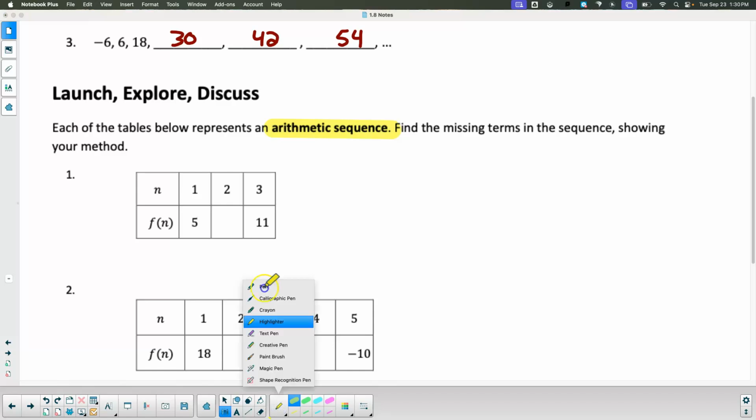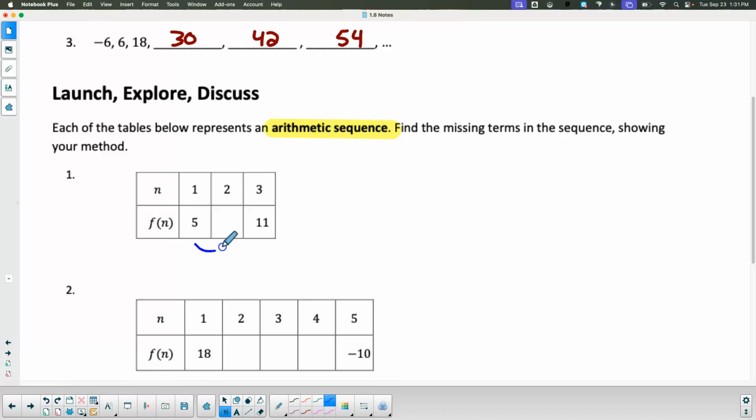How you go about doing these problems, we'll do number 1 and 2 together, and then I turn you loose on 3, and we'll skip 4, and 5, 6, and 7.